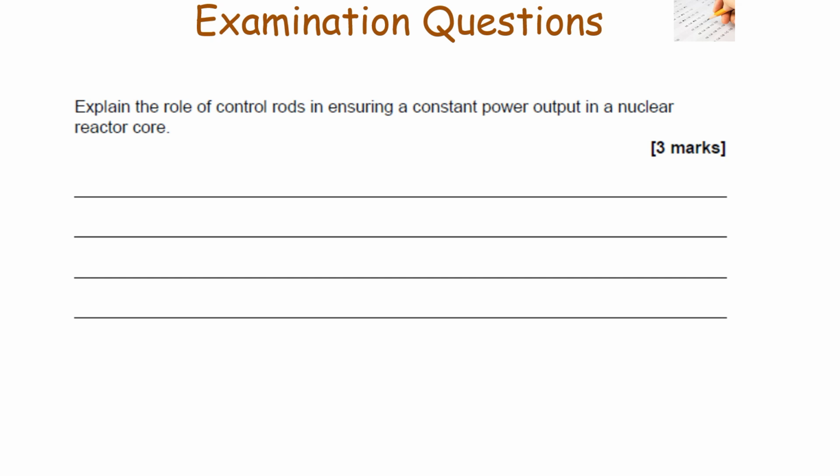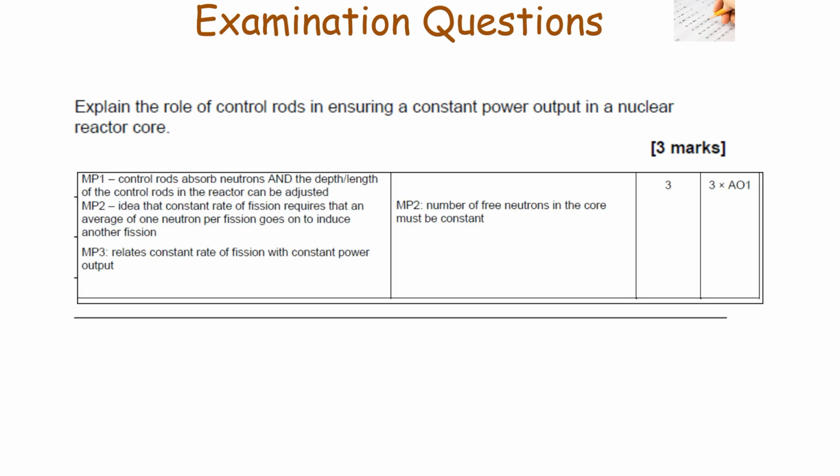Right, so you've got to be able to explain how a control rod works and produces a consistent power output or a consistent fission rate in a nuclear reactor core. The idea is that the control rod absorbs neutrons, and the depth or length at which the control rod is in the reactor vessel affects how many neutrons are absorbed, and therefore affects your fission rate.